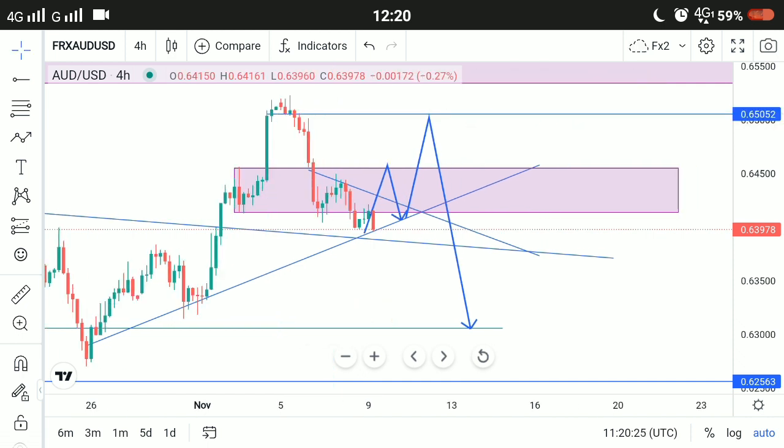Back to around 0.6505. So at that point, high will translate and sell to drive price to the downside.